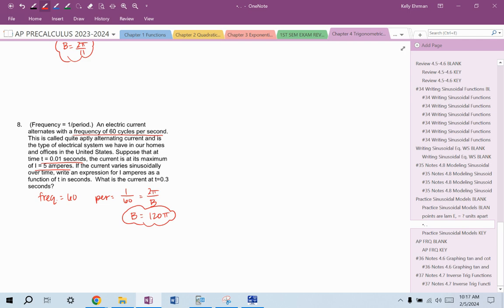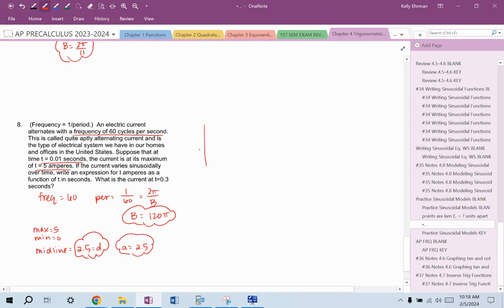We're going to say that the minimum will be 0. So if the max is 5 and the min is 0, that means that the midline is at 2.5, which is D. And then the distance between the midline and the max or the min is the amplitude, and that's also 2.5.